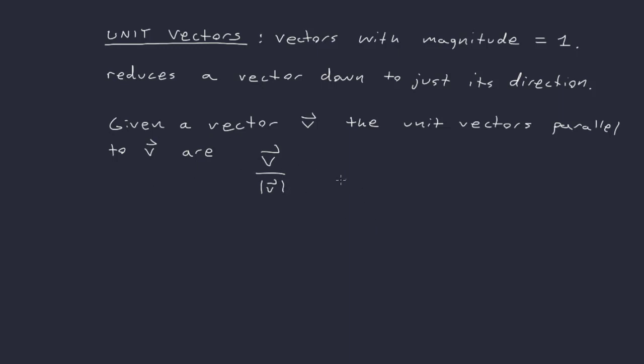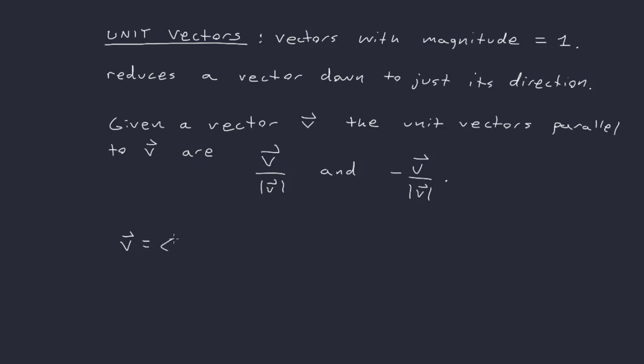That's pretty much it. And negative v divided by its magnitude, right? So any vector will have 2 unit vectors parallel to it, one in the same direction, one in the exact opposite direction.